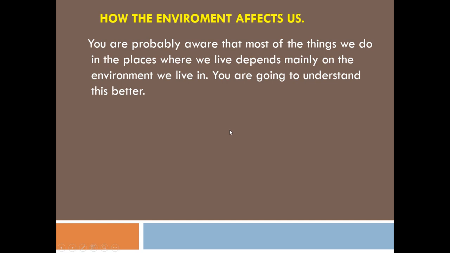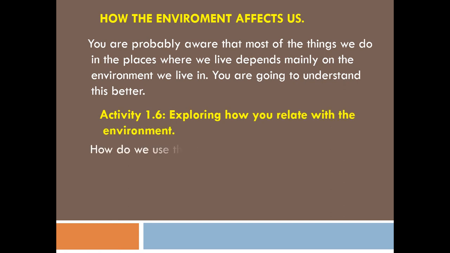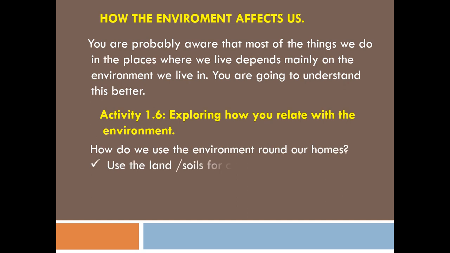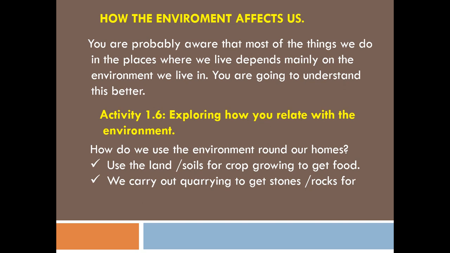Those who live in dry areas sometimes engage in nomadic pastoralism, moving from one place to another with their animals. Why? Because that is what the environment dictates. So we are going to understand this better by looking at the different ways through which we get affected by the environment.